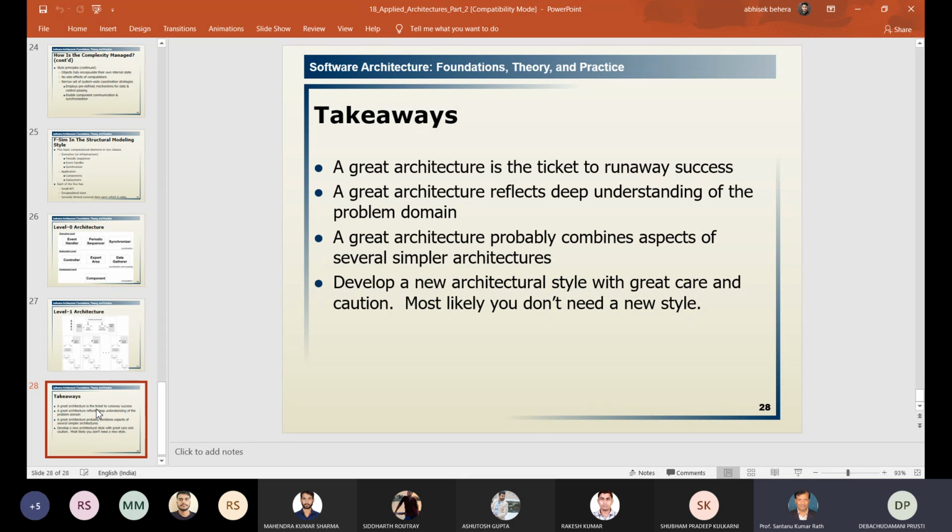A great architecture probably combines aspects of some simpler architectures. It develops a new architectural style with great care and caution. Most likely you don't need a new style, but it helps to develop a new architectural style.